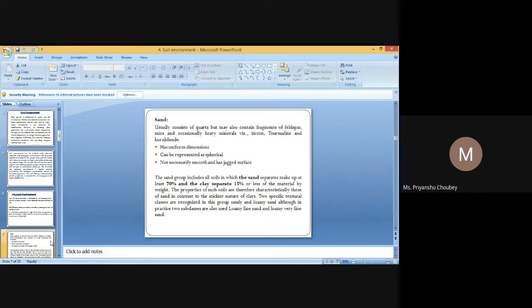So specific texture classes are recognized in this group, sandy and loamy sand, although in practice two subclasses are also used, loamy fine sand and loamy very fine sand.